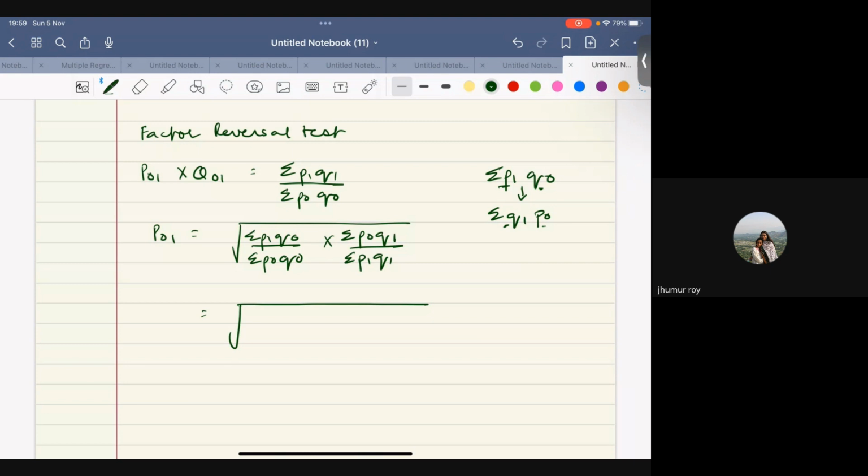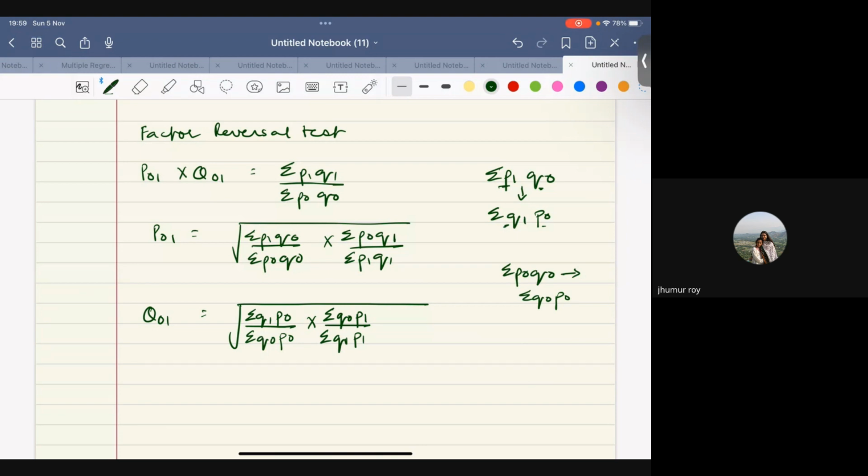So for the first one, sigma Q1 P0 divided by sigma Q0 P0, multiplied by sigma Q0 P1 upon sigma Q1 P1. Clear? So this is your quantity index number. Is everybody clear on this?